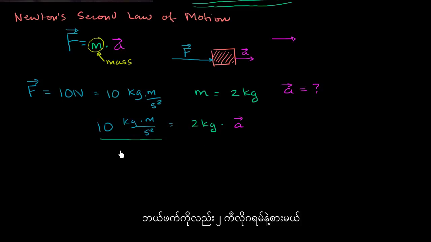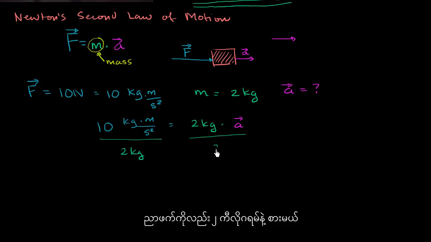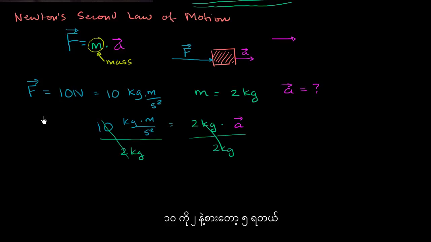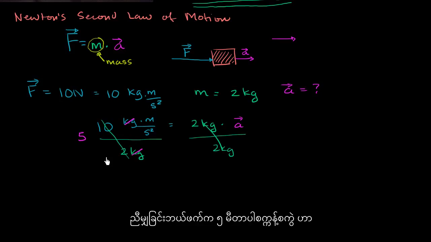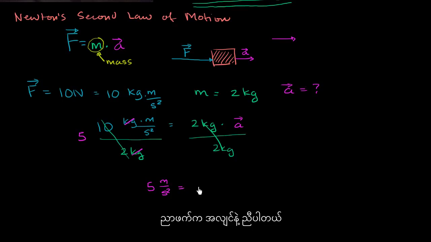That cancels out. 10 divided by 2 is 5. And then you have kilograms canceling with kilograms. On your left-hand side, you get 5 meters per second squared.